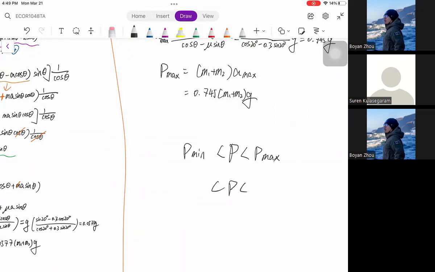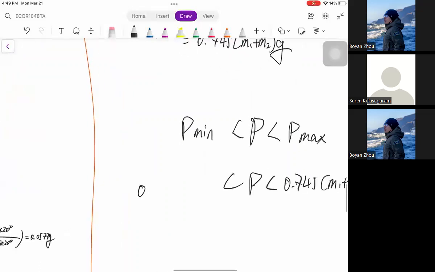So that would be between 0.745 (M1 plus M2) G and 0.0577 (M1 plus M2) G.